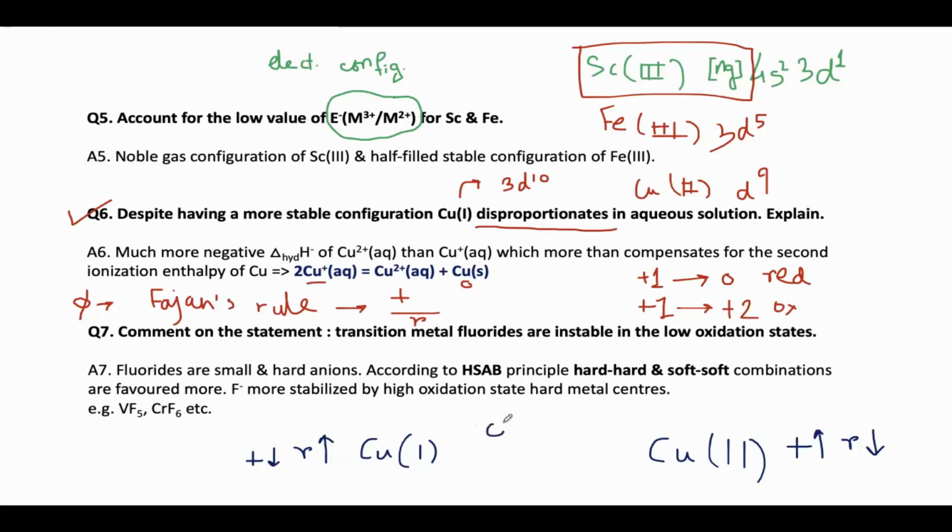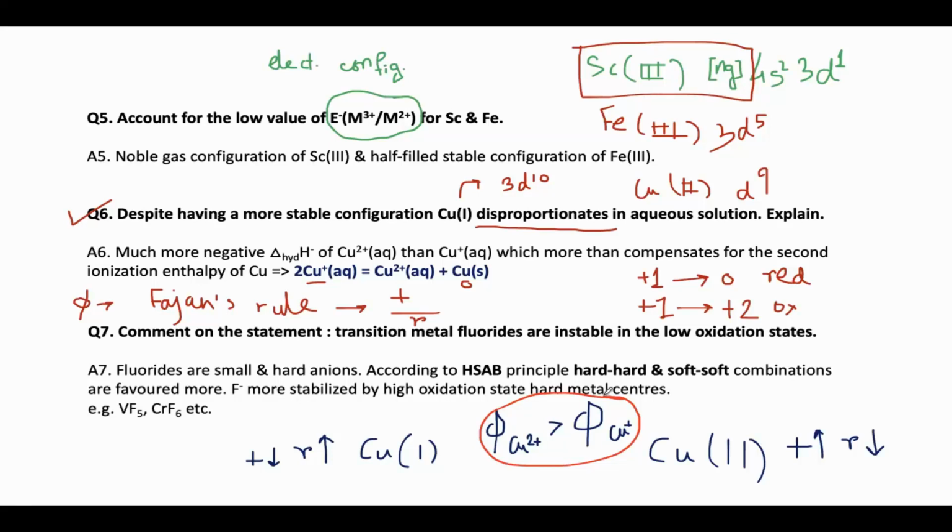That's why phi of Cu2+ is much higher than phi of Cu+. So the ionic potential value of Cu2+ is much higher than that of Cu+.